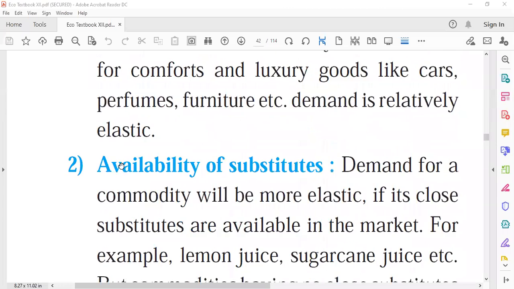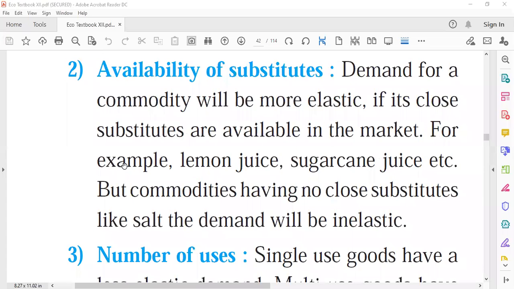Another factor which affects the elasticity of demand is the availability of substitutes. If more substitutes are available, then demand will be elastic or relatively elastic.